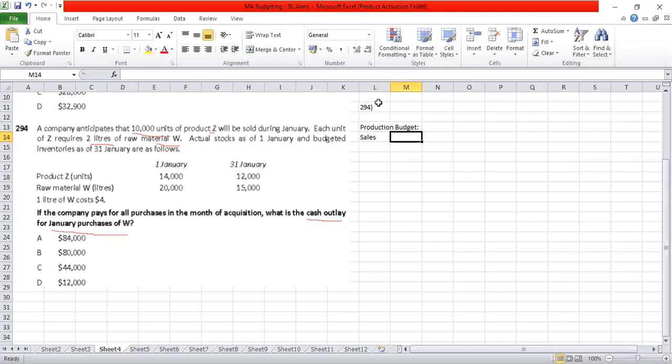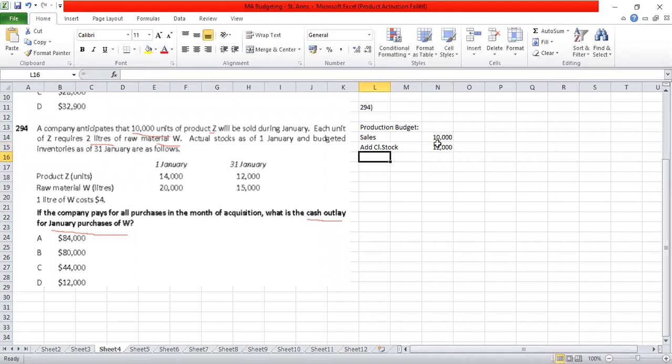Opening stock plus sales. That's monthly, right? They are anticipating to sell how many units? They are anticipating to sell 10,000 units. Then add closing stock. How many units of closing stock do they have? Closing stock on 31st January is 12,000.